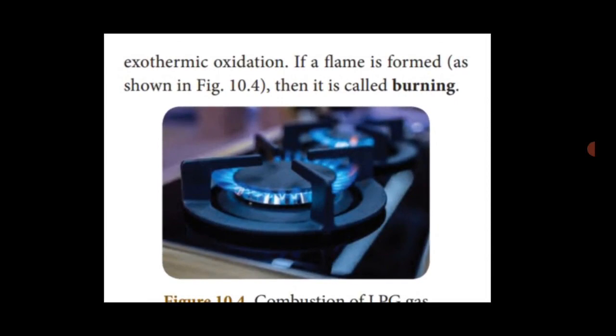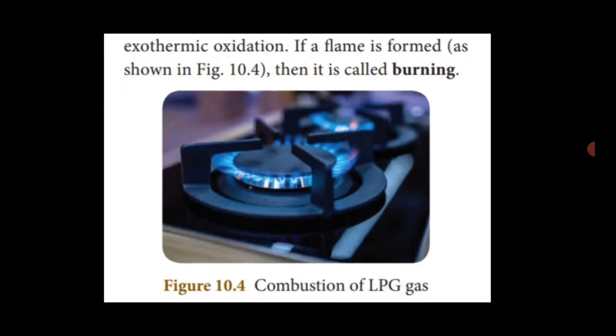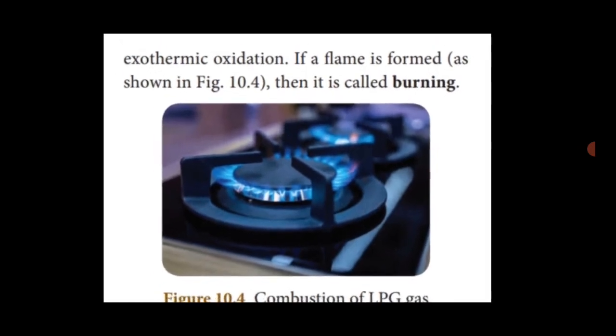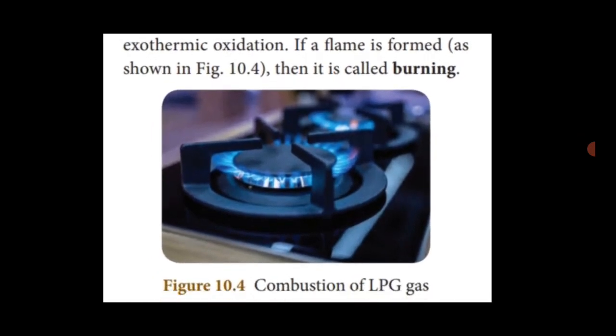If a flame is formed, then it is called burning. See this picture. This is combustion of LPG gas. Combustion reaction is one of the what type of reaction? Exothermic reaction. So combustion main source is addition of oxygen.